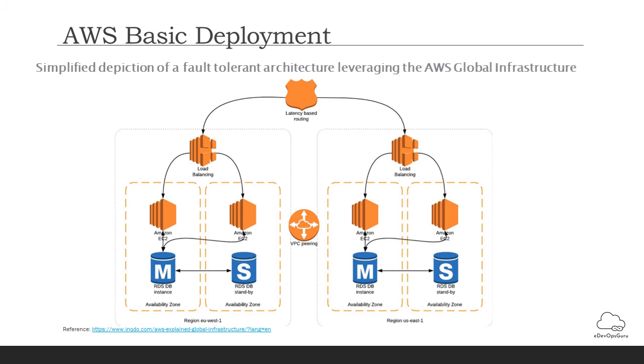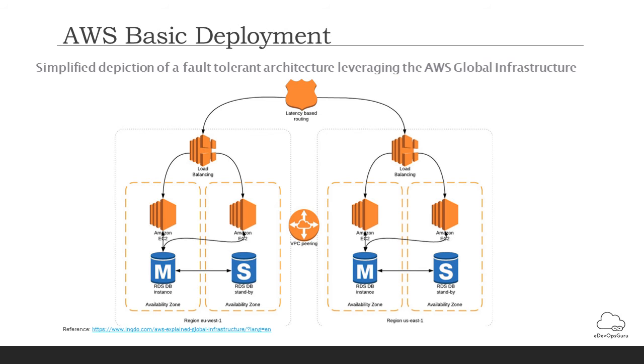Then we have routing based upon S3. In each region we have a load balancer which distributes the load to the EC2 instances in each availability zone based upon an algorithm. So this is one of the high-level AWS fault-tolerant architectures.